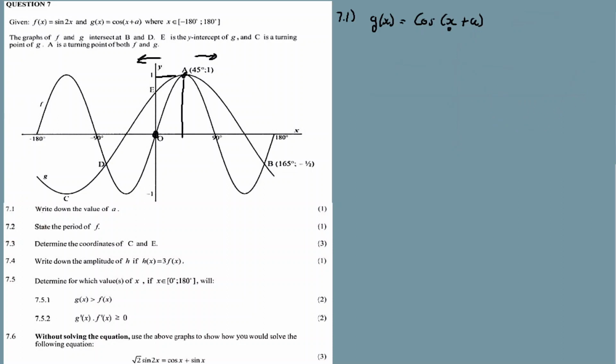You need to pay attention to the turning point at A. If you want to check a horizontal translation for a sine function, you check the point that starts at the origin. You always start at 0, then you check again. So a is equal to negative 45 degrees.